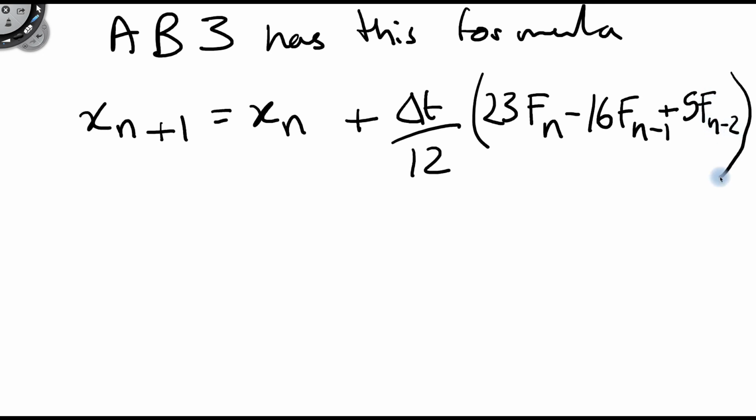Okay, so understandably the coefficients are getting larger. We've got the delta t on 12. We've got a 5 there.